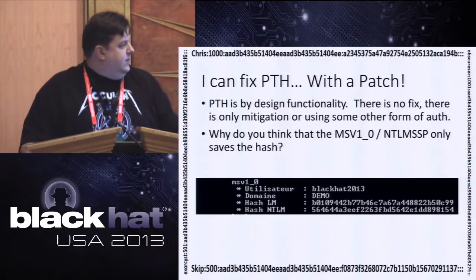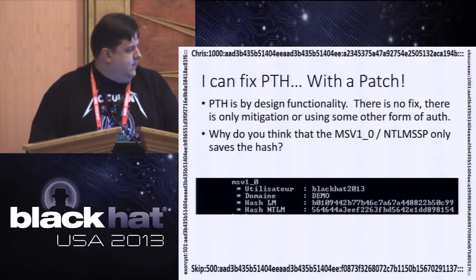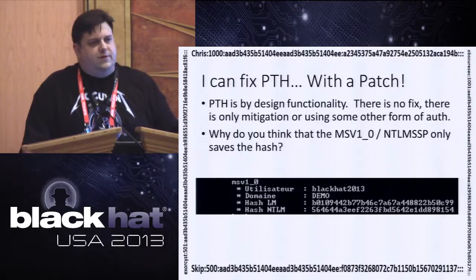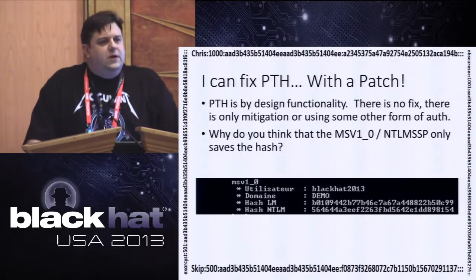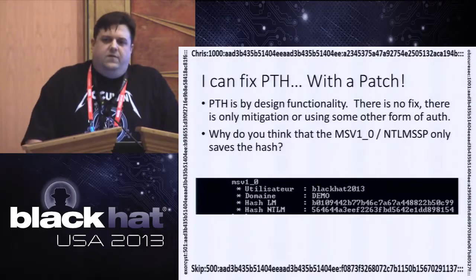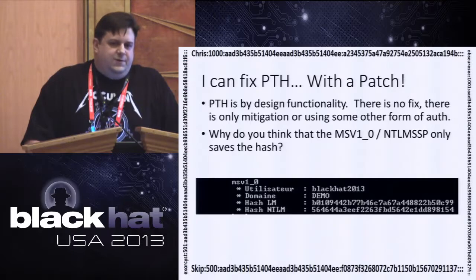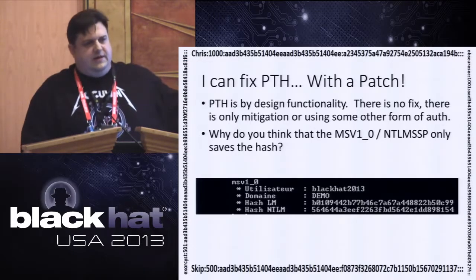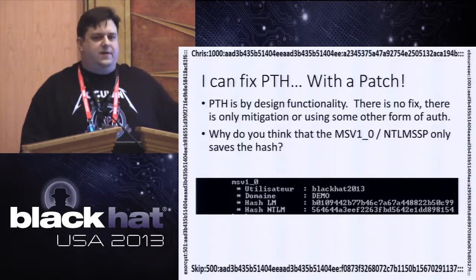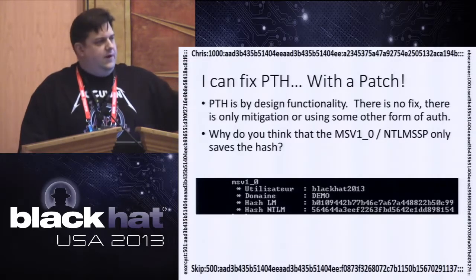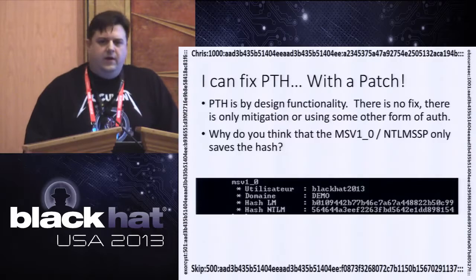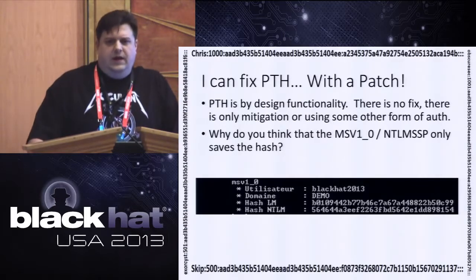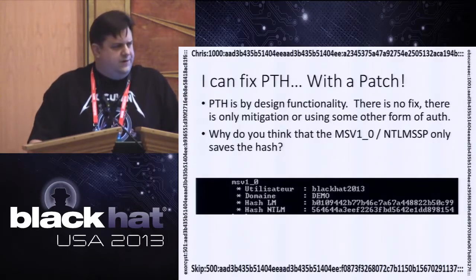And another little side bit that I always like to hammer on: if you're using a password on a Windows box that is 14 characters or less, in LSAS, the LM hash is always calculated currently. Now, the Microsoft guys talked about yesterday, the new version of Windows Blue and Server 2012 R2.